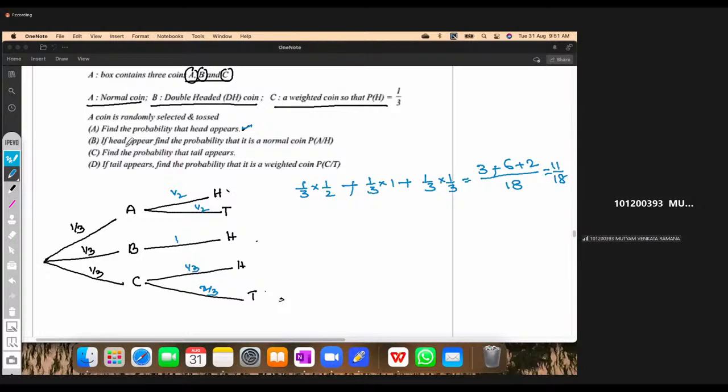If head appears, find the probability that it is the normal kind.